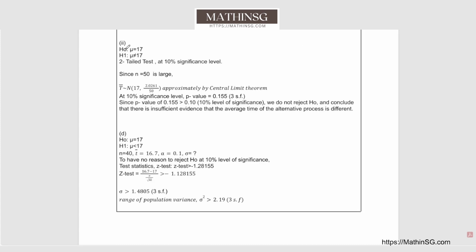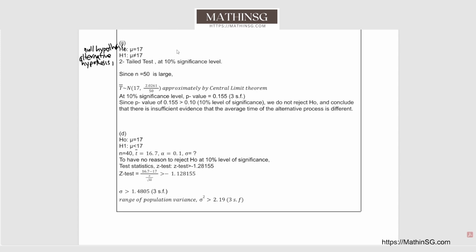So first, you'll talk about what is H0, what is H1. This is a two-tailed test. So H0, your mu is 17. And your alternative hypothesis, H1, is mu is not equals to 17. And because they say you define all terms, you can also write: null hypothesis, H0, alternative hypothesis, H1.